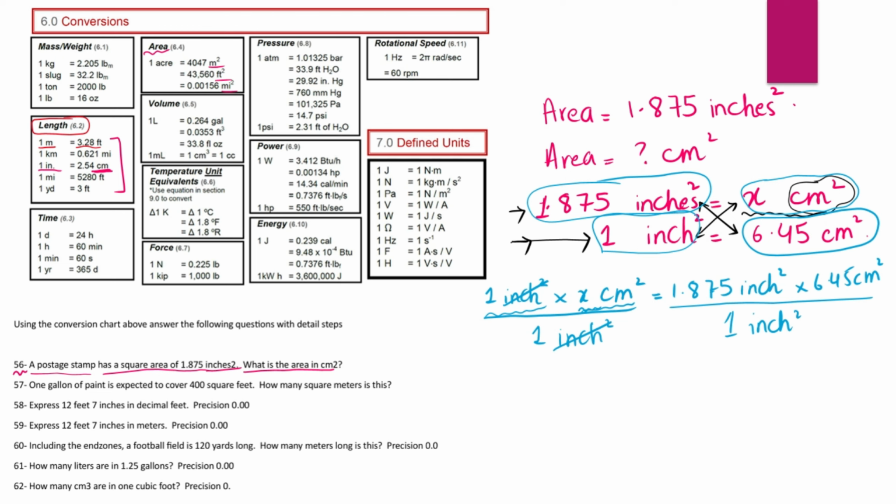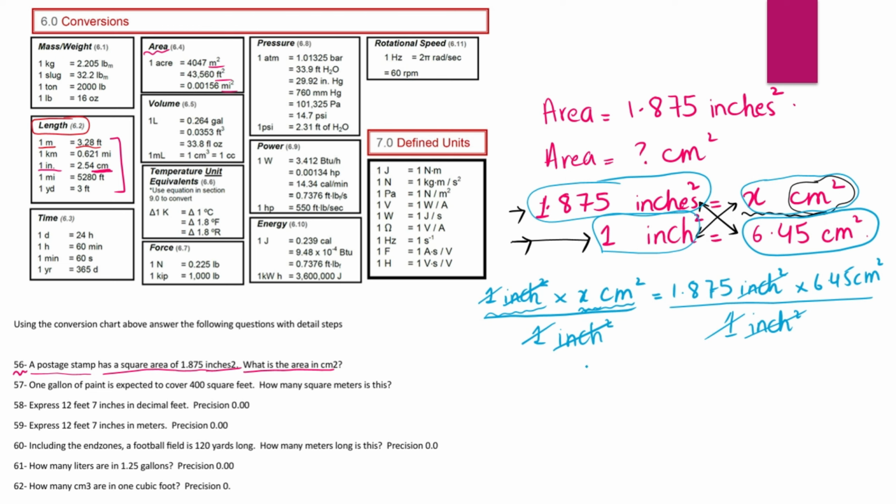Both will be cancelled, and this one will be cancelled by this one. Simple. And then on the right hand side we have inches square written here. We can cancel this inches square in the numerator by the inches square in the denominator, right? And anything divided by 1 is just the same thing, so we need to cancel this one as well.